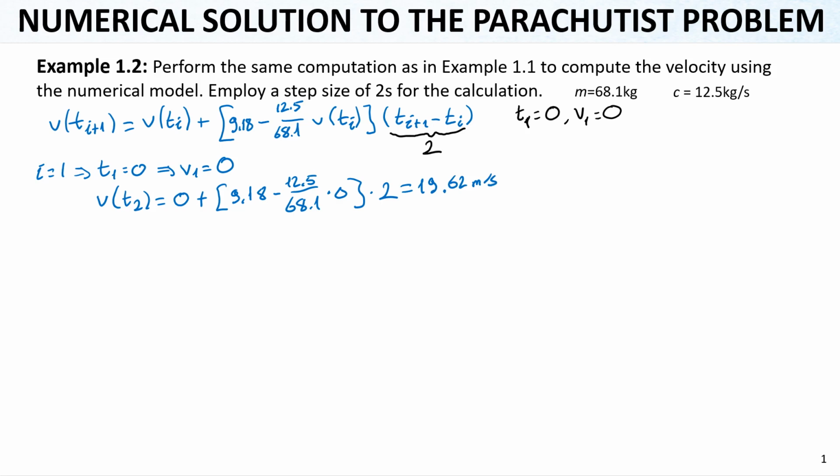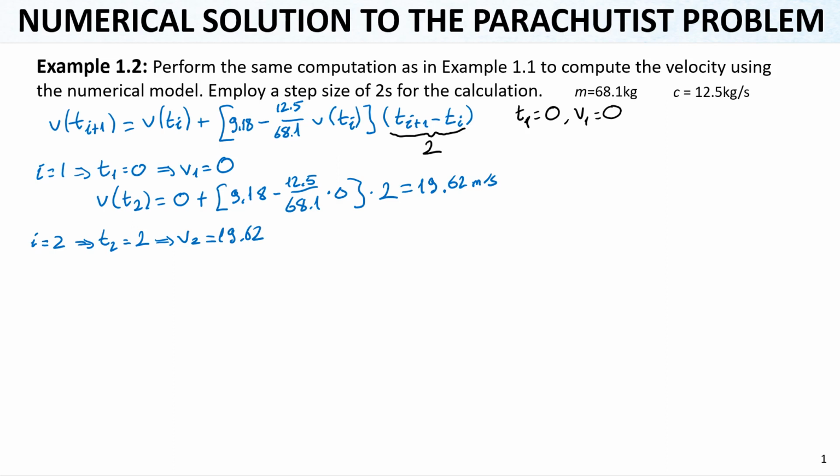If we continue calculating like this, let's increase i to 2, and t2 is 2, we are increasing by 2, and v2, we already found v2 as 19.62.